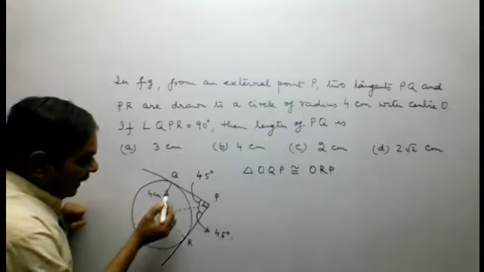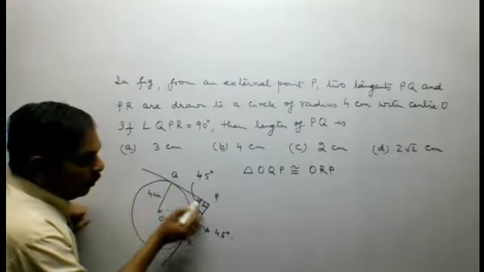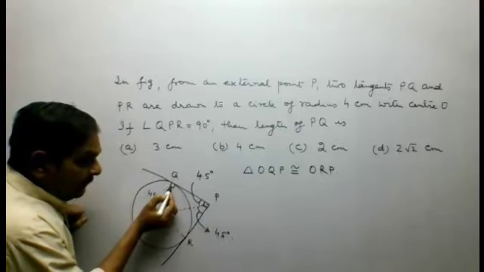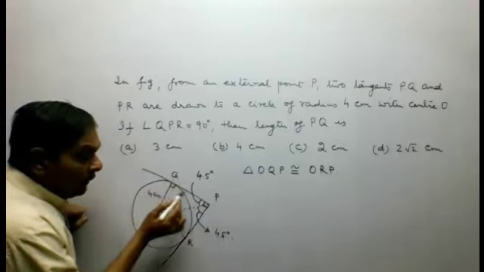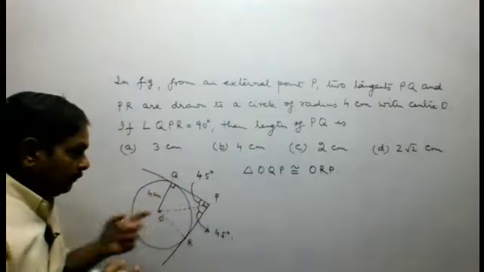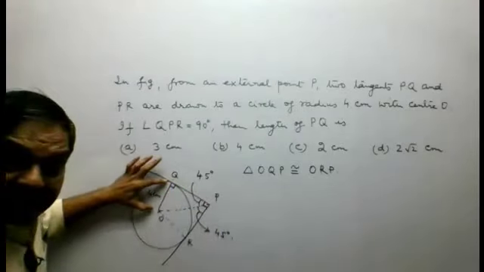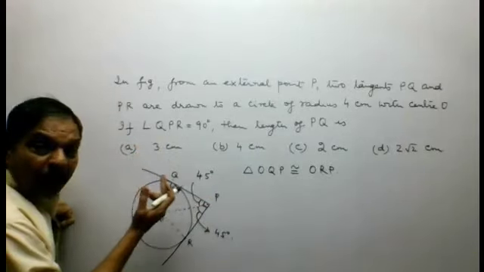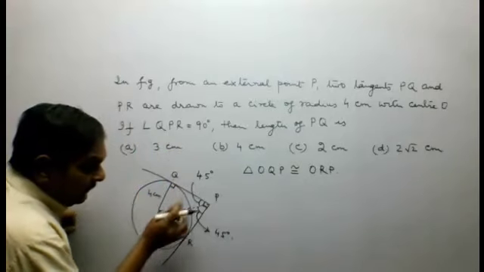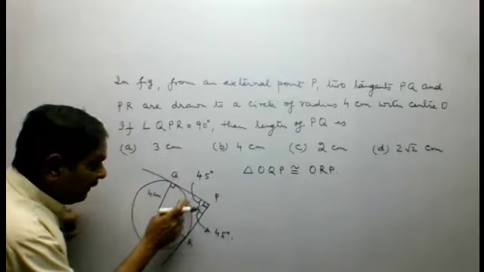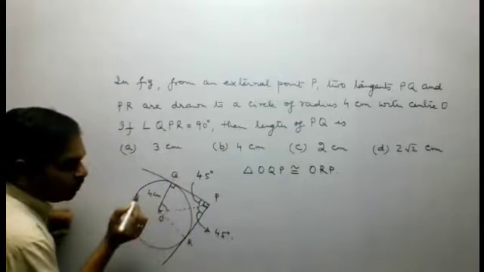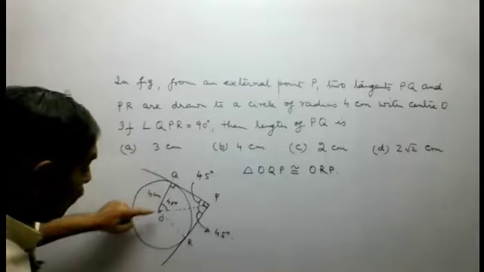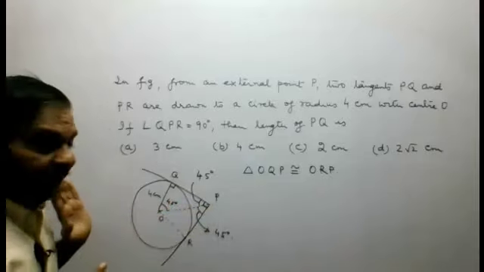Now if I take triangle OQP, this angle is 45 degree, this angle is 90 degree because OQ is perpendicular on PQ, PQ is tangent and OQ is the radius, radius is perpendicular to the tangent at the point of contact. So this angle is 90 degree, this angle I have found as 45 degree, so this angle will also be equal to 45 degree. That is QOP is 45 degree.